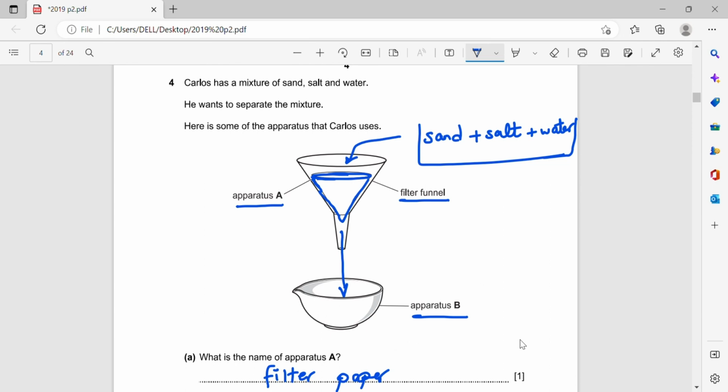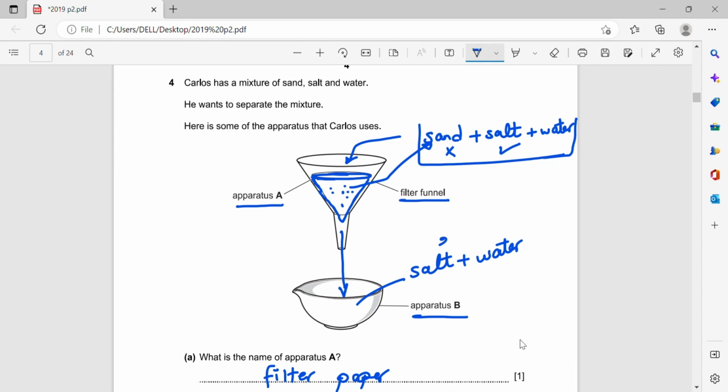No. Is salt soluble in water? Yes. So if we do filtering, what will we get here? Great, we will get the sand. And what will go through the filter funnel? The solution of what? Of salt and water.